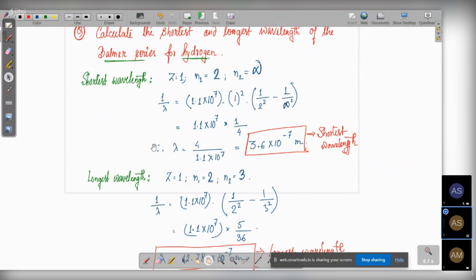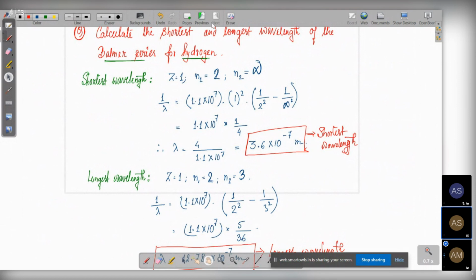Now suppose you tell me what will be the transition? No need to tell the value, just tell me the transition for the shortest and longest wavelength of the Paschen series.